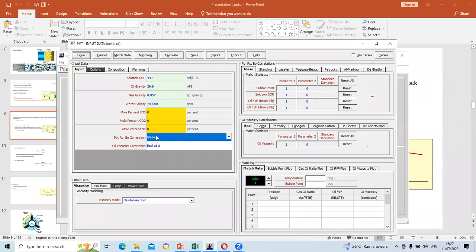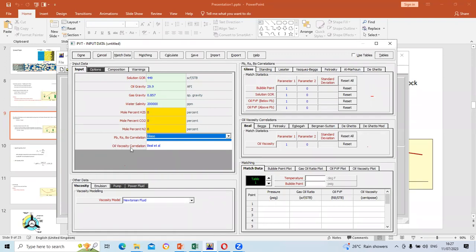That means Glaso has a formula to predict bubble point pressure, to predict oil formation volume factor, and to predict Rs, that's solution GOR. So Glaso has this formula, same as all of these others that we have here. So if you're writing a project and you want to use probably the Glaso correlation, you have to look for all of the formulas he has used in order to predict these particular parameters.